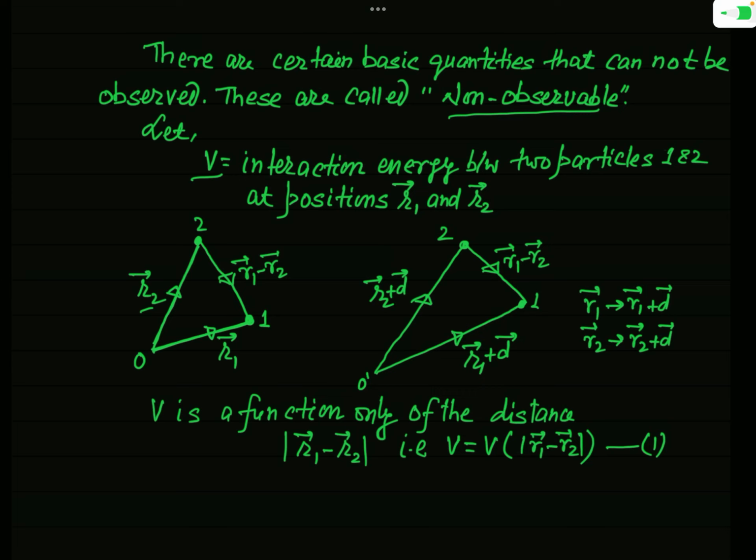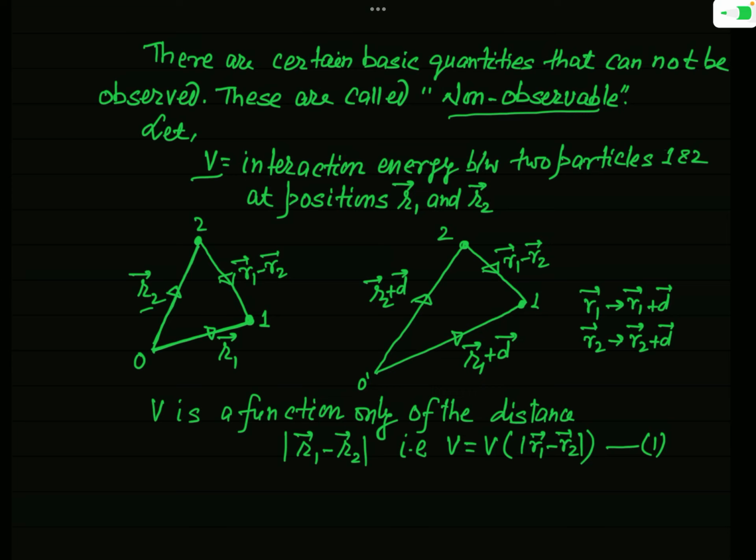Now, the assumption that the absolute position is a non-observable means that we can arbitrarily choose the origin O from which these position vectors are drawn.